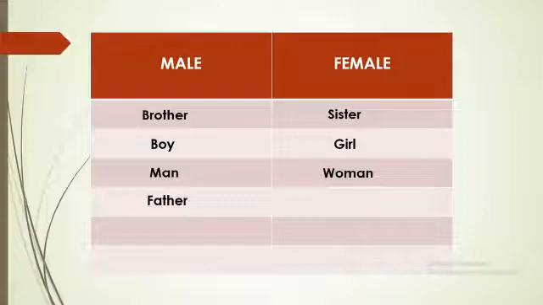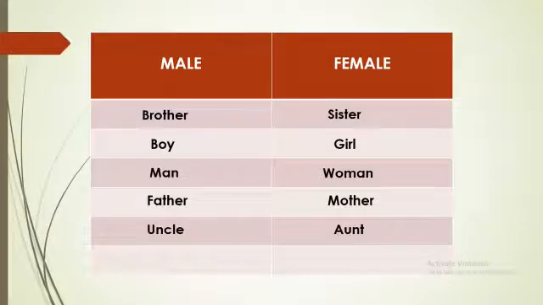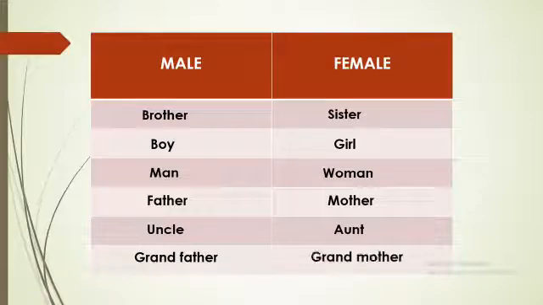And the female of a father is mother. Do you understand? Next word is uncle. And the female of uncle is aunt. Grandfather. And the female of grandfather is grandmother. Wow, did you enjoy this question?